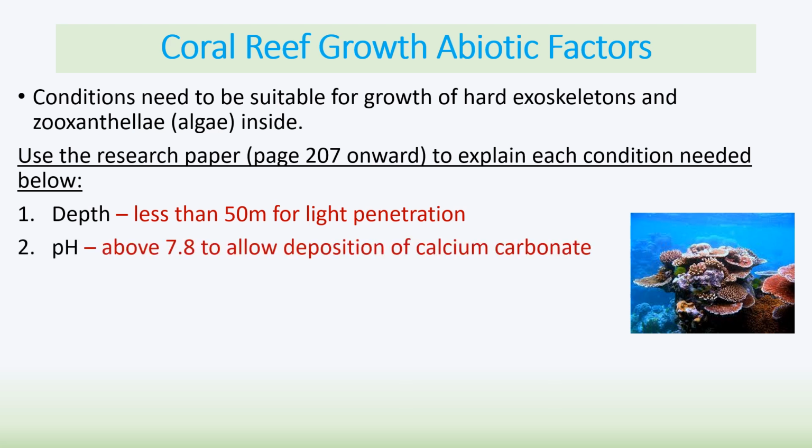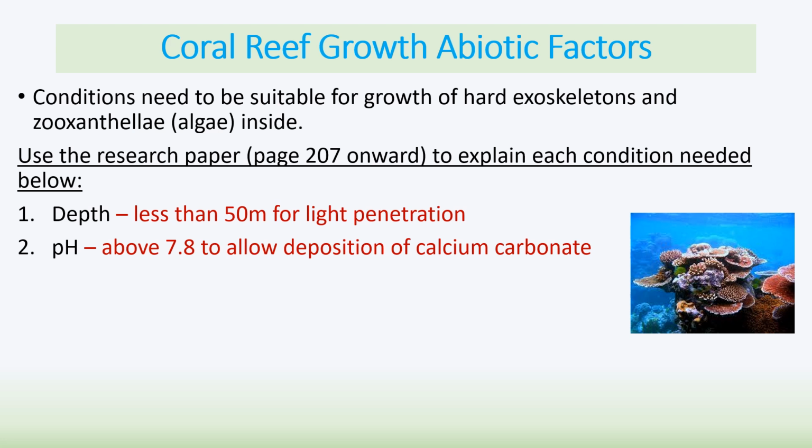Next one, pH. The pH has to be alkaline because the algae is completing reactions to produce calcium carbonate, the hard coral, like the shell, if you think of it, of the coral itself.